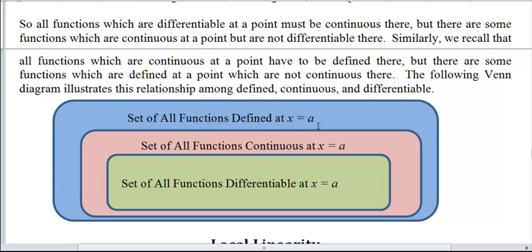So if it's continuous at a, it has to be defined there, but there are some functions which are defined there that are not continuous at that point. And then within that, you have another subset, the set of all functions which are differentiable at x equals a, and those functions are continuous and defined at that point. But there are some in the pink that are continuous at the point but not differentiable there, and again the blue out here, there are some that are defined there but neither continuous nor differentiable.